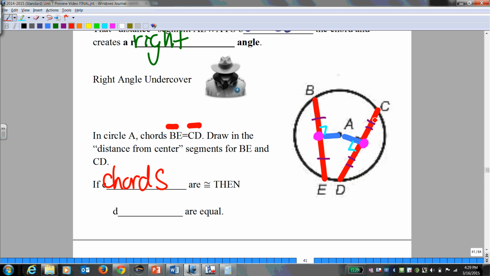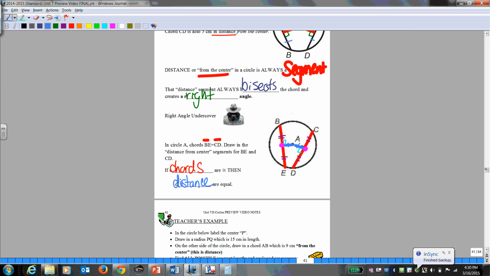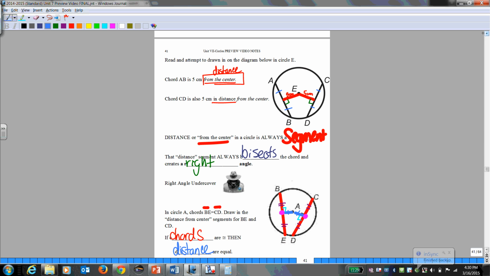If the chords are congruent, so notice the red segments, if the chords are congruent, then the distances are also equal, excuse me, we're dealing with measures here. If the chords are congruent, the distances are equal. So that means those are equal too. So your fourth undercover right angle is the word distance from the center. That's a segment. It's from the center. It hits a chord's midpoint, creates a right angle, and splits that chord in half.